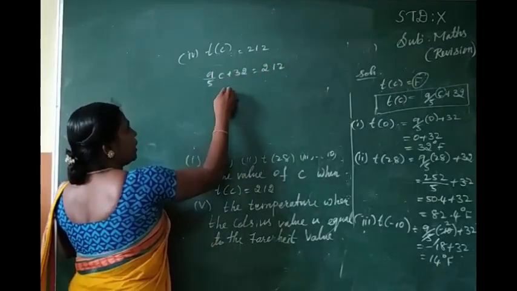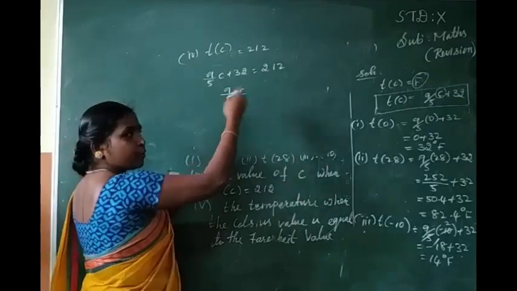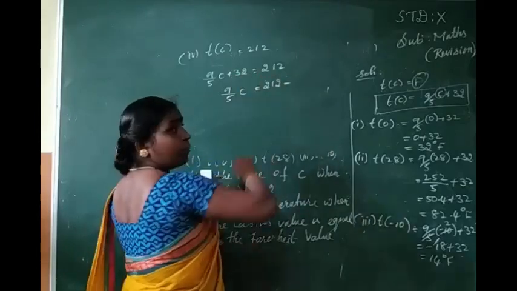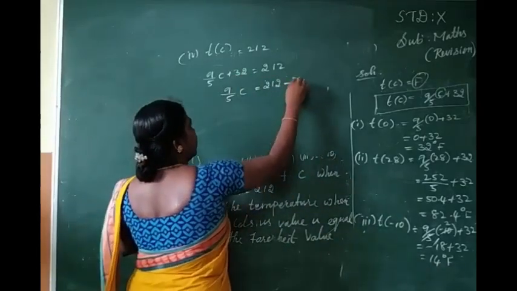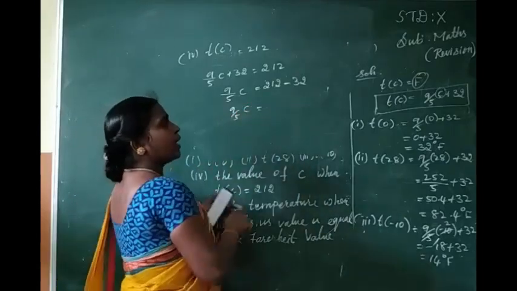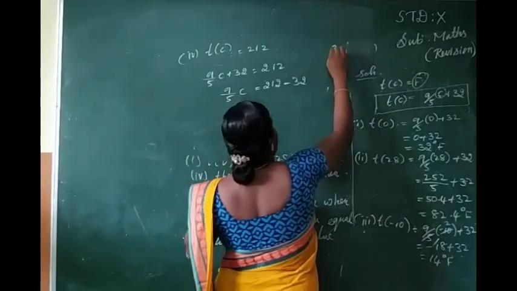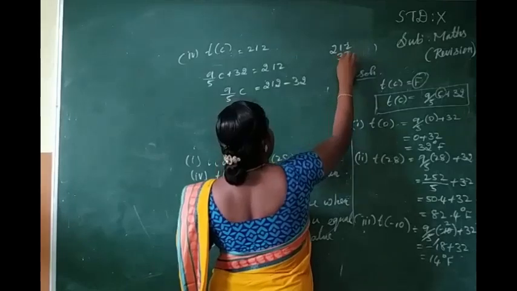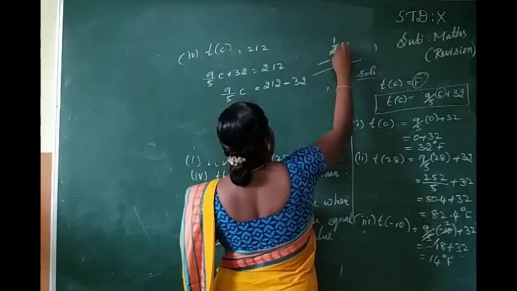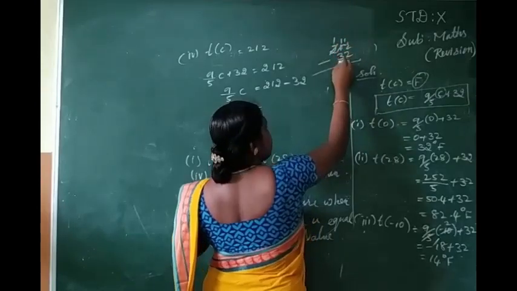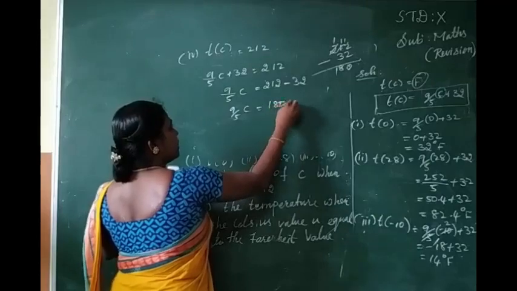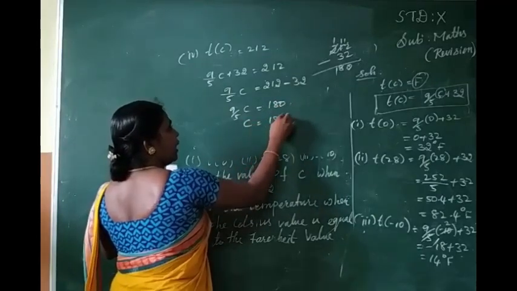Okay, now 9 by 5c is on the left, 32 goes to the right hand side, 212 minus, plus becomes minus 32. 9 by 5c equals 212 minus 32. So we subtract 212 minus 32. 2 minus 2 is 0. Here borrow 1, 11 minus 3 is 8, 1. So 180. That's 9 by 5c equal to 180.